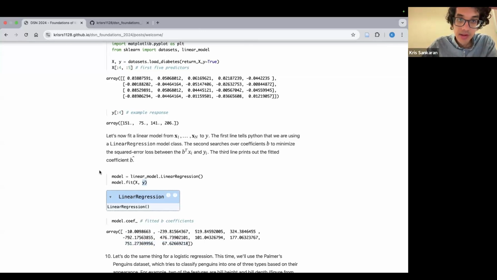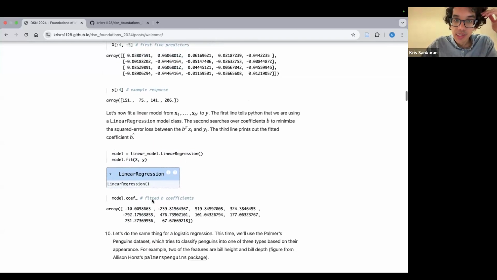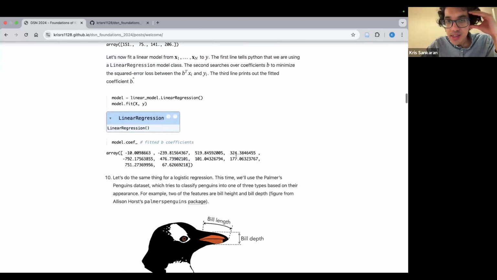But just practically, it's just a few lines of code, right? Once you have your X, your Y, you can just run the fit. It gives you coefficients. This on its own is not that transparent, right? We're going to see some examples in maybe an hour from now. You'll see a concrete example of how you visualize this a little bit better.